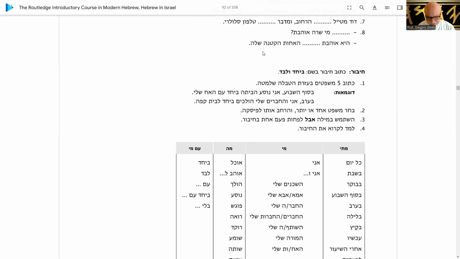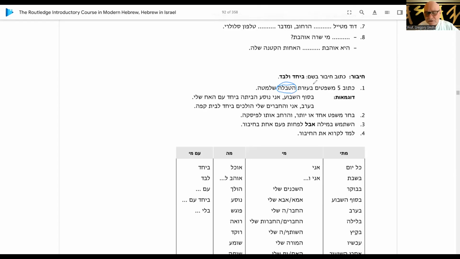Okay, write 5 sentences using the table. Hatabla. That's right. That's a transliteration right there. Shel mata.